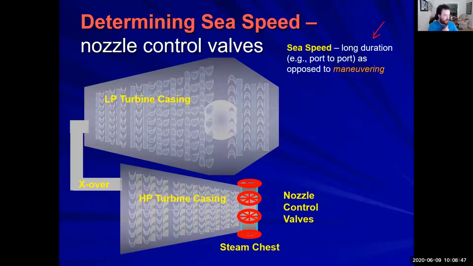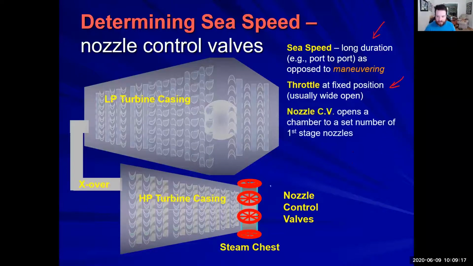That is used when you're out at sea, when you're basically at full speed, going from one port to another port. When you enter into a maneuvering phase, that is when you enter into a port and you start to need to maneuver and change your speeds according to what's happening outside. They're throttled at a fixed position. That position is usually wide open, but they can be throttled.